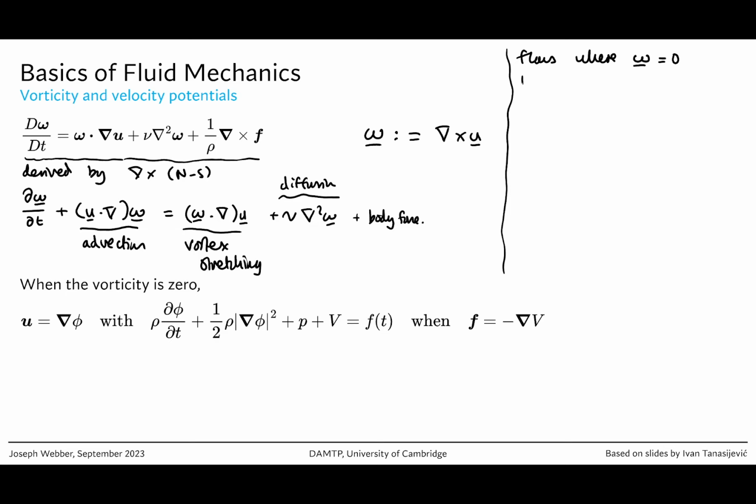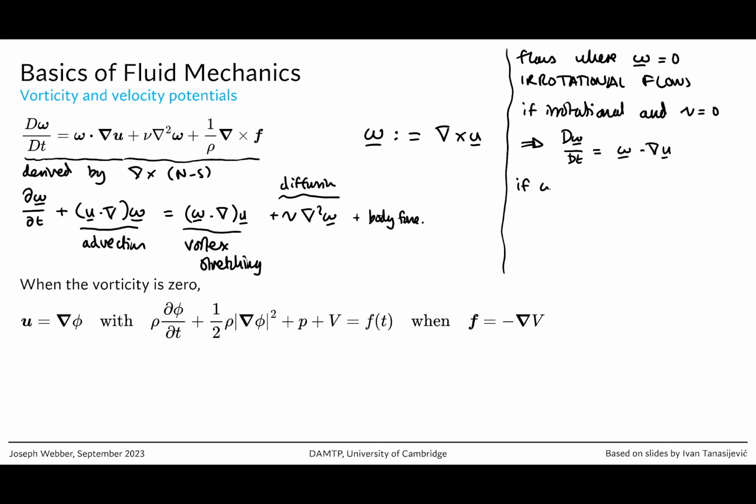These are called irrotational flows. Specifically, if irrotational and inviscid, so the viscosity is zero, our vorticity equation just says d omega by dt is equal to omega dot grad u. We'll ignore the body force.